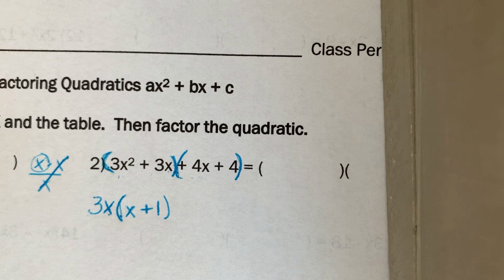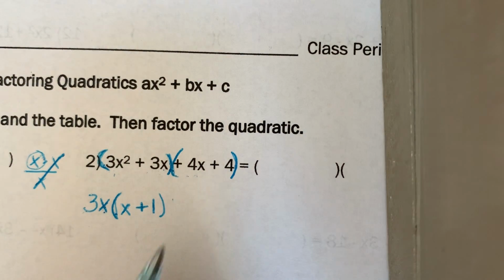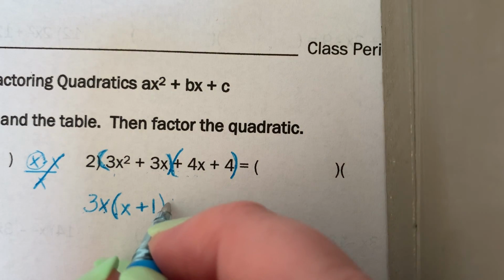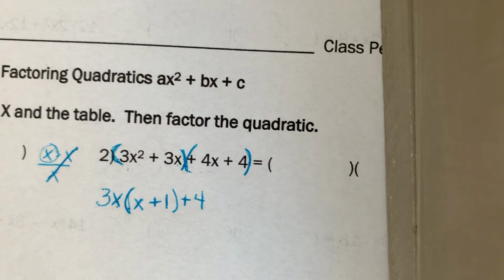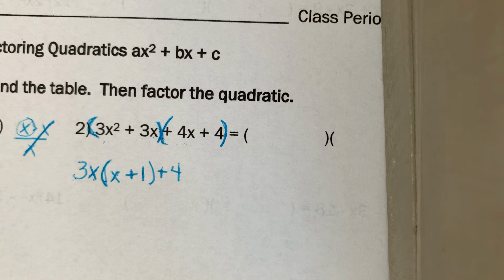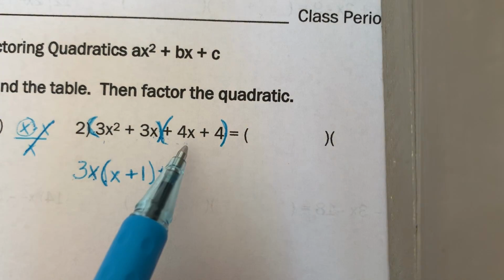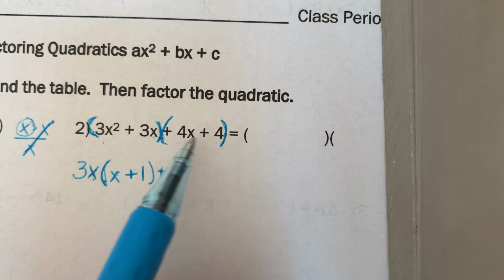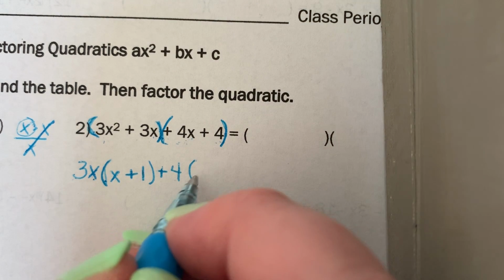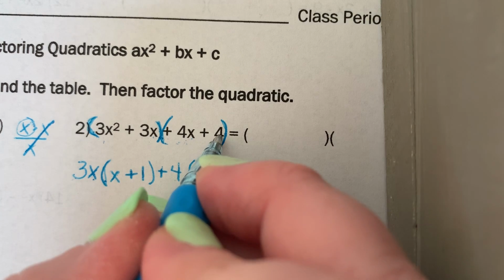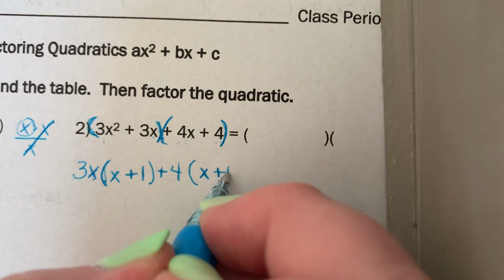So 4x and 4, what do they have in common? They have a 4 in common. So now since this is a positive, this greatest common factor is also going to be a positive. Now, divide, because they obviously don't have a variable in common. This one has an x, that one doesn't. So 4x divided by 4 is just going to be x. 4 divided by 4 is 1.